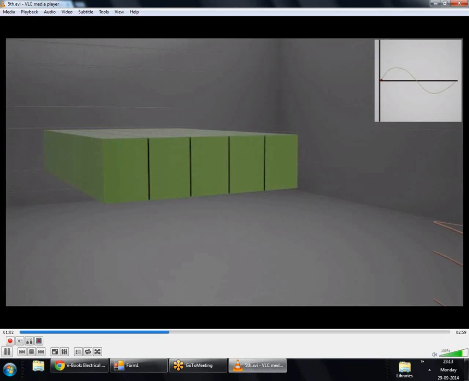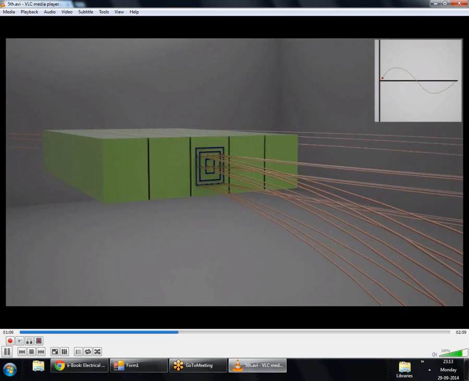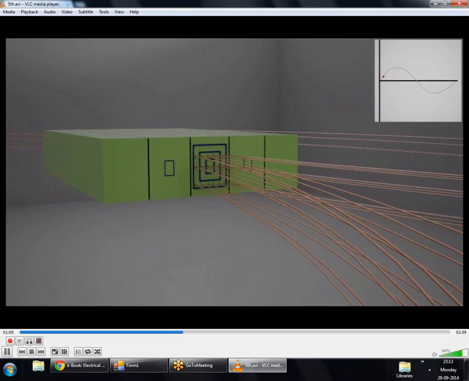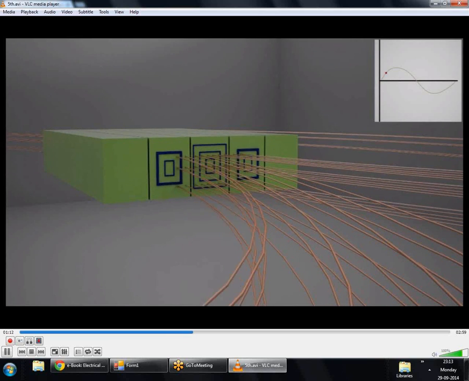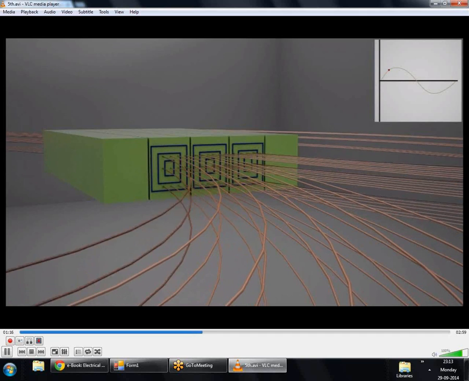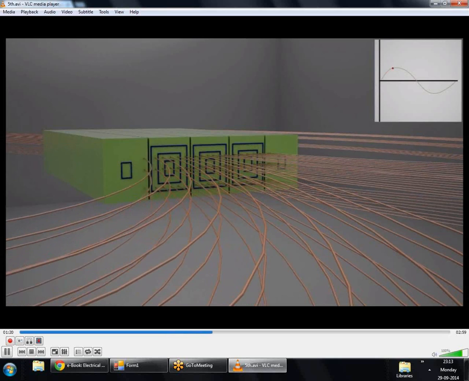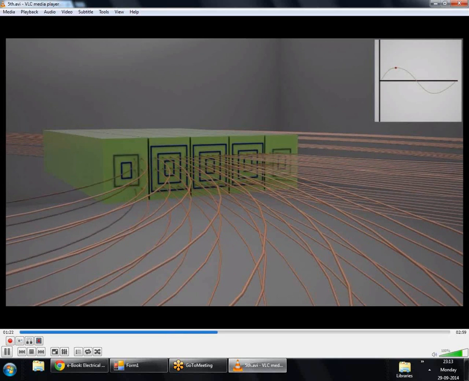As the applied magnetic field increases, the eddy currents now follow a shorter path. They follow a shorter path because there is electrical insulation between the adjacent coils, so the currents cannot make a big path as they did in the previous animation.